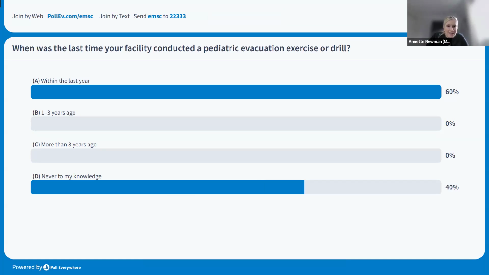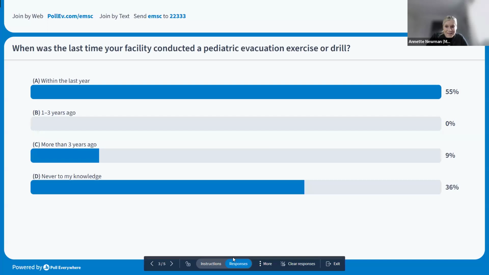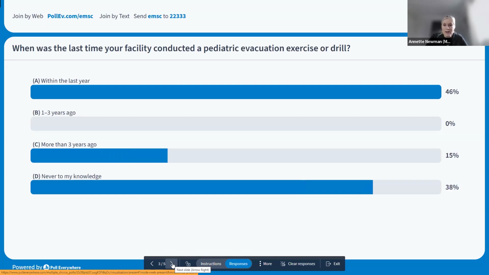Well, that's fantastic that over 50% of people have done an exercise in the last year. This is great. And we can share all of these polling results with folks.